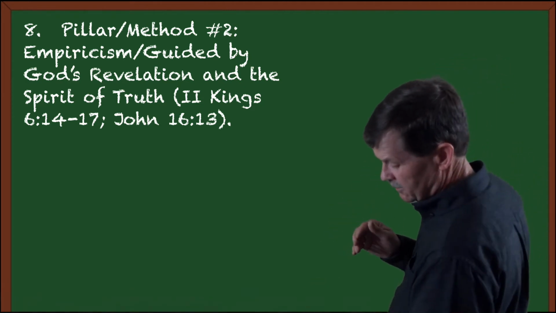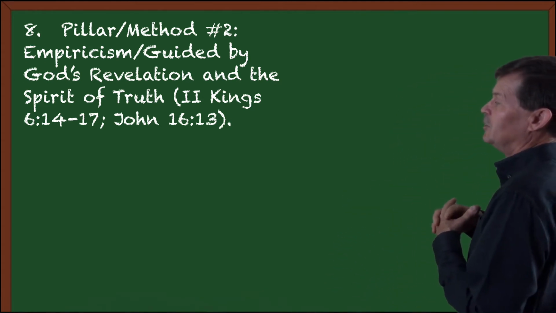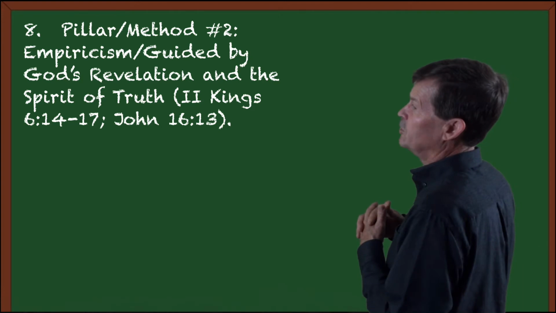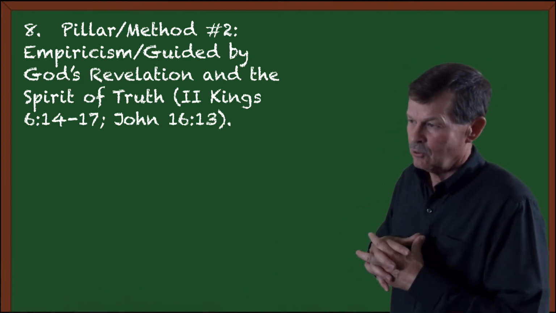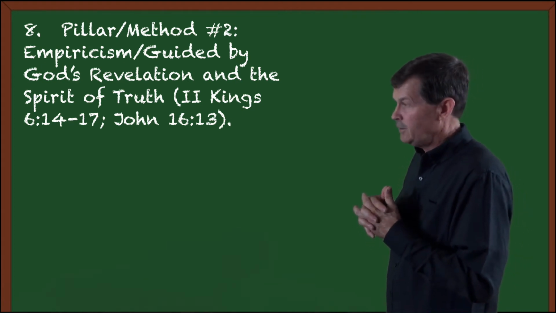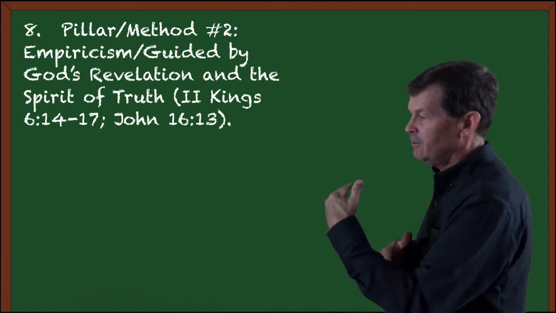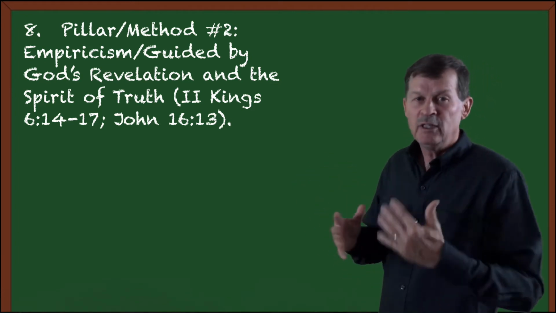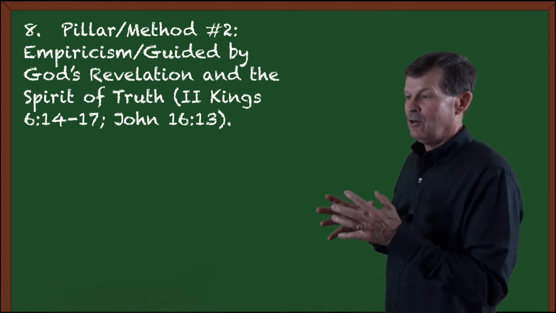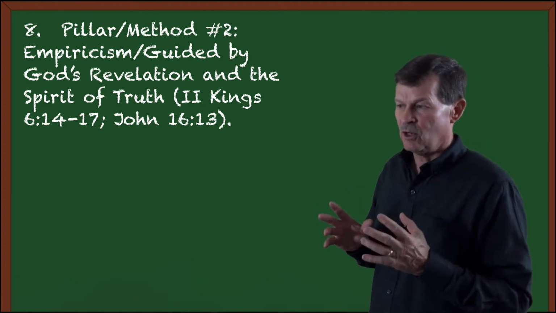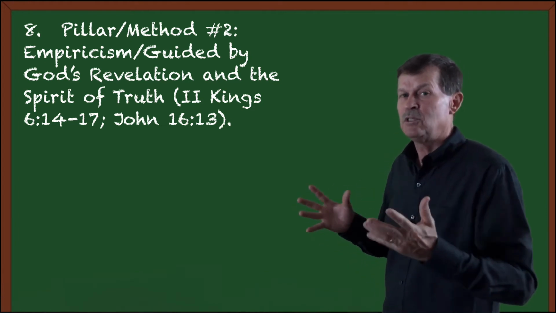Now, why is that? Well, what we see in 2 Kings chapter 6, verses 14 through 17 is an interesting story, and being included in their writings, they believed it to be historical. Now, there's a lot of questions of those that say that this cannot be historical, it's made up to teach.